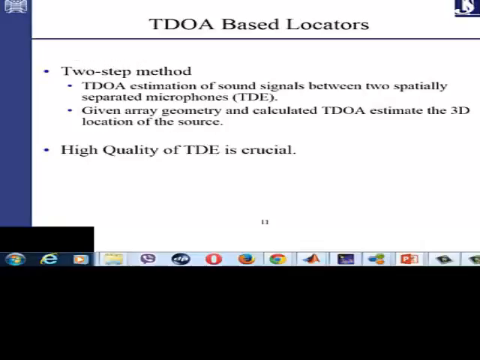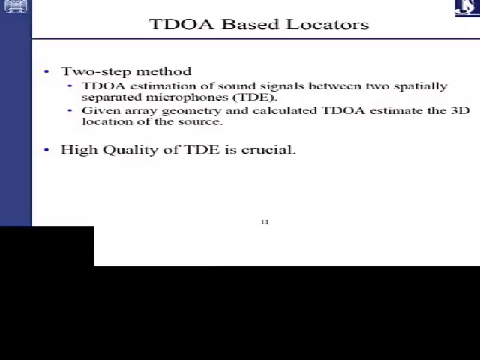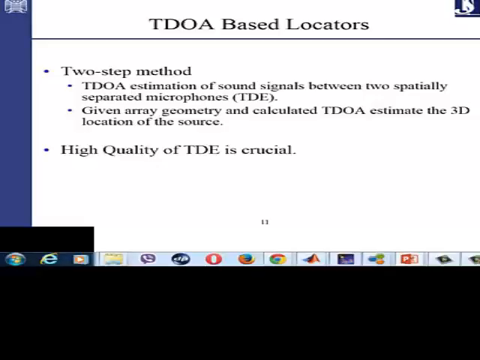So for the TDOA estimation, TDOA is time difference of arrival. That's exactly what I explained. You have different distances for the microphones. Different distances introduce different times of arrival, because the sound takes a while to propagate for a longer distance. That's the point.